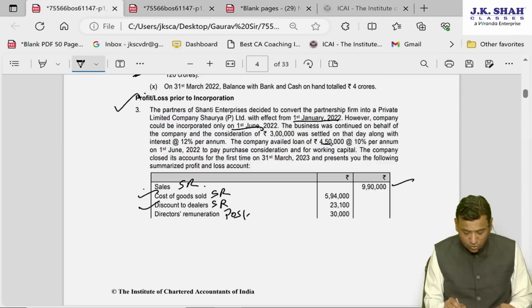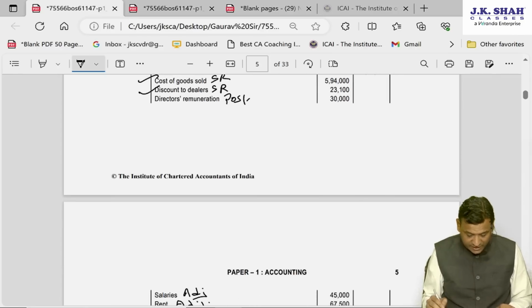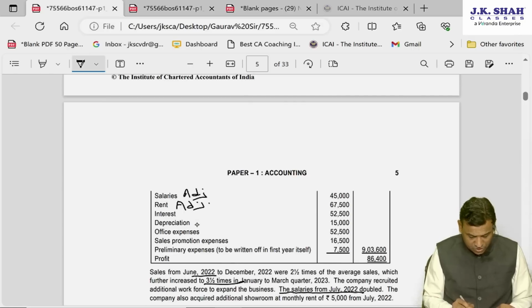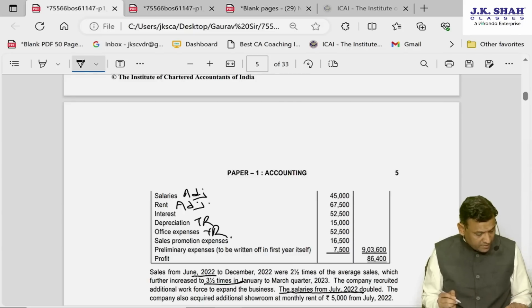The company availed a loan of 4,50,000 at 10% per annum from 1st June to pay the purchase consideration and for working capital. So interest also has an adjustment. Depreciation, obviously time ratio. Office expenses, time ratio, that is nothing but 52,500, split 17,500 and the remaining amount. Sales promotion, sales ratio. Preliminary expenses, it will be post.